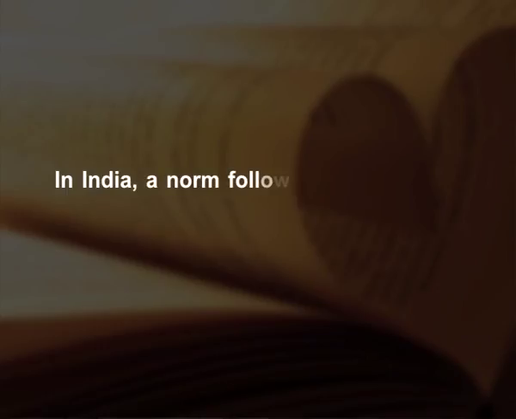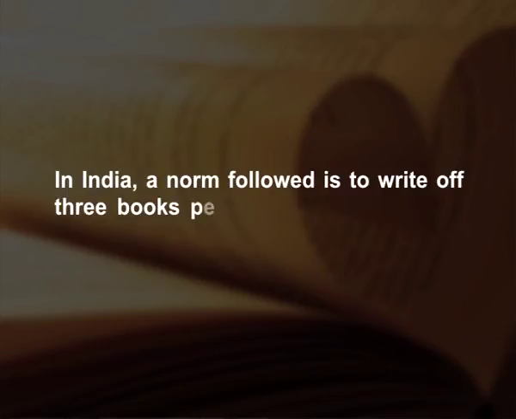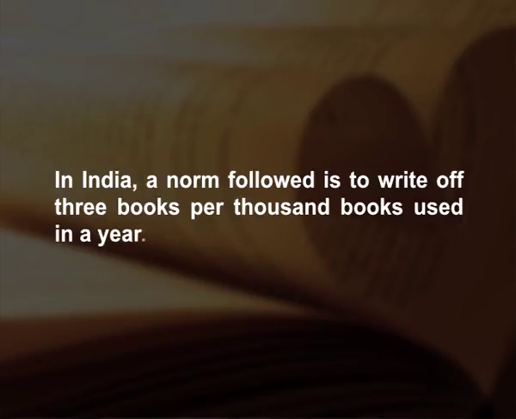In India, a norm followed is to write off 3 books per 1000 books used in a year. A loss above this point is considered to be high. In India, there is the practice of holding the library staff responsible for the loss of books. The trend is changing thanks to the efforts of professional associations.